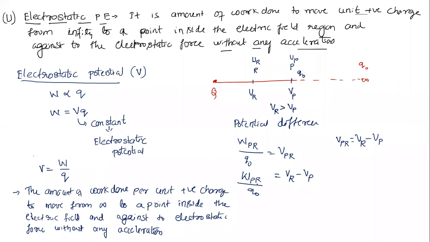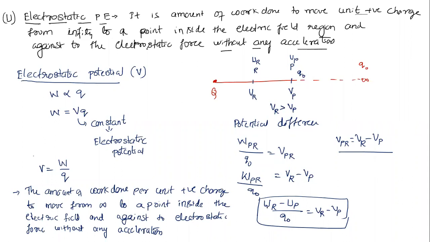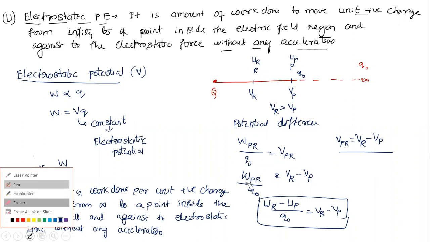If I write in terms of potential energy, it will be UR minus UP divided by Q naught equal to VR minus VP. This is the potential difference formula, which you can take in different ways, in terms of energy and in terms of work done.